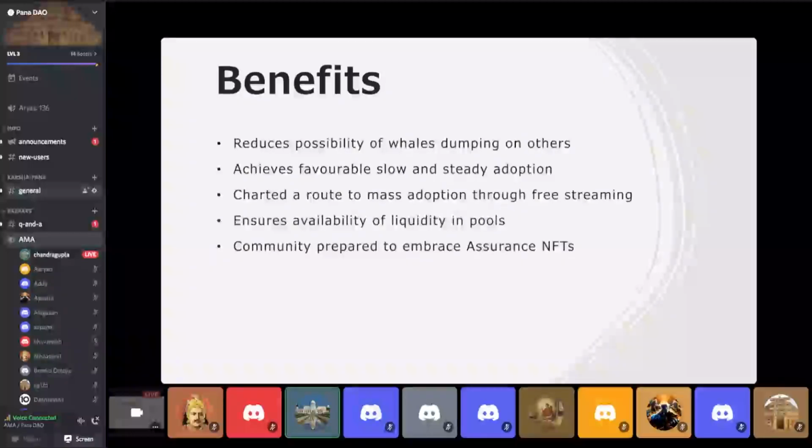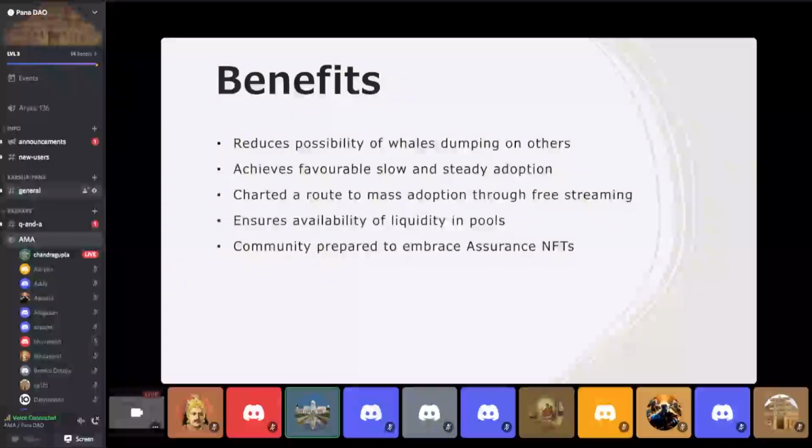The second thing it gives us is a favorable, slow and steady adoption of the token, where the governance would decide the rate at which the tokens would be streamed, and we are going to keep it so that there is a slow and steady adoption of the protocol, a slow and steady rollout of the token in as many hands as possible. We've charted a route to mass adoption through free streaming.